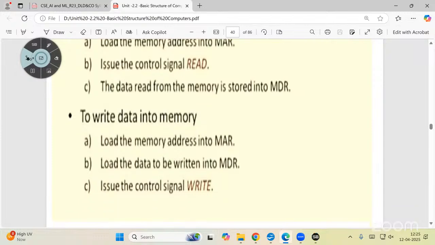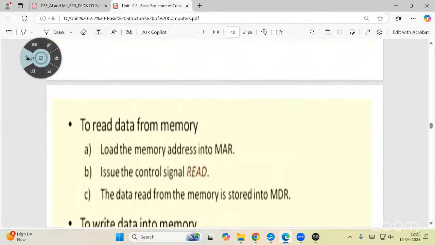For the write signal, what is the flow? Here also, first identify the memory location. After identifying the memory location, what is the next step? I have the bottle, and I read the data. First pick the data, and after picking the data you can identify where we need to place it.